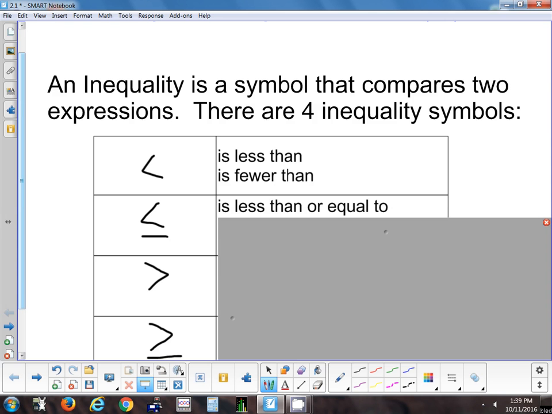About. All right, we're going to be a little bit more specific. Say, for example, you had to be a certain age or less to go on a ride. Let's say the ride was only if you were 12 or younger. So you could say you have to be at blank to go on the ride.